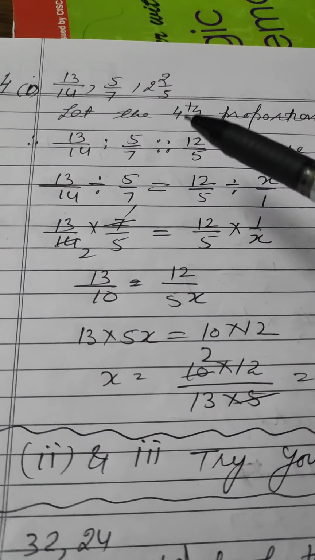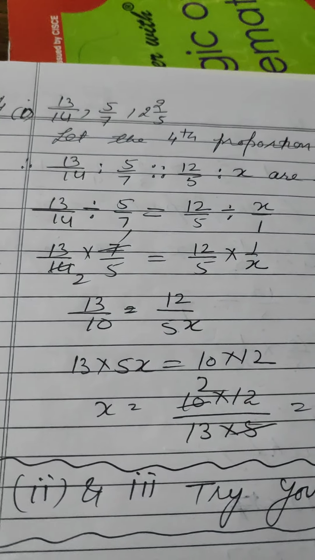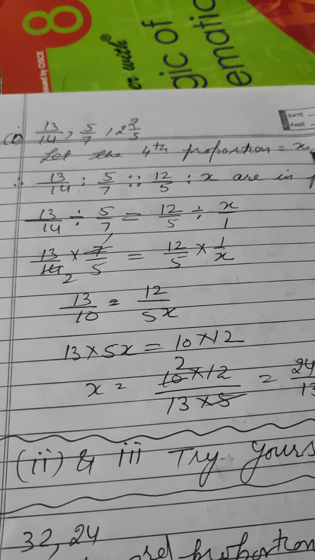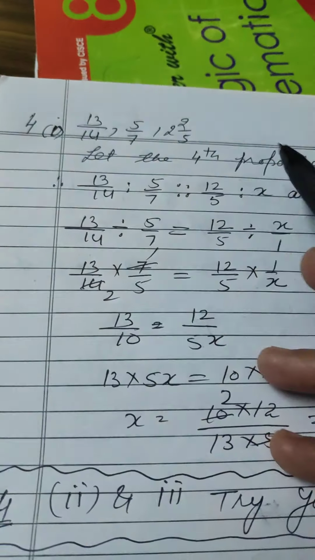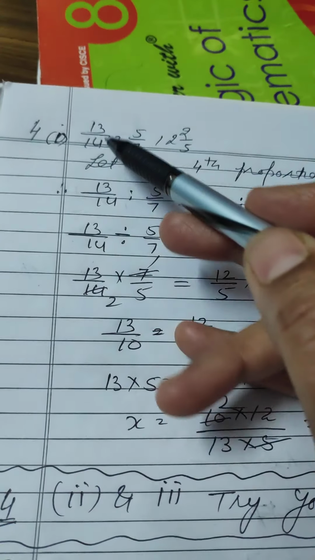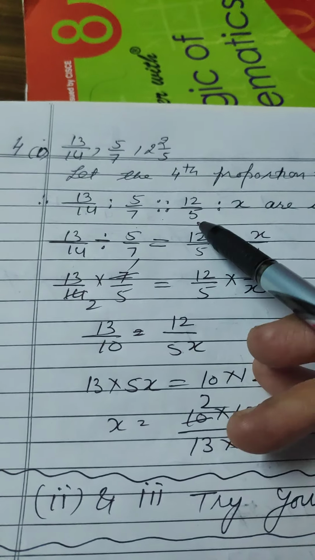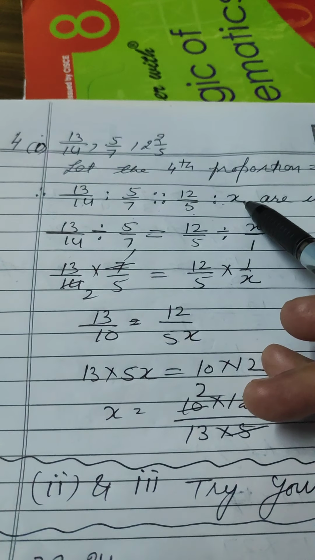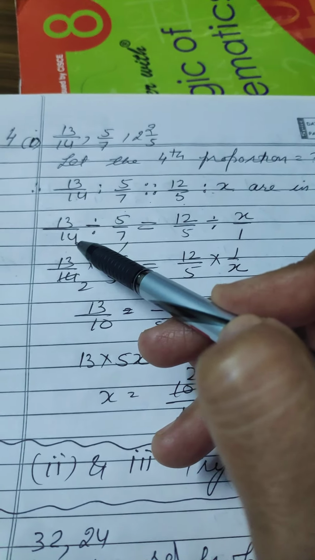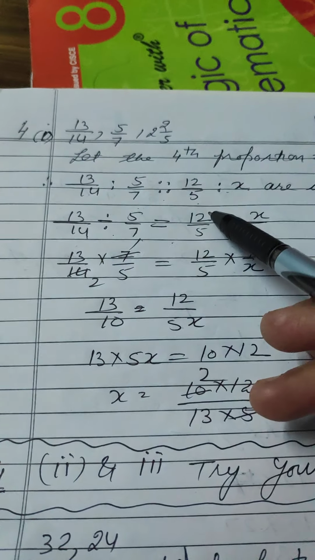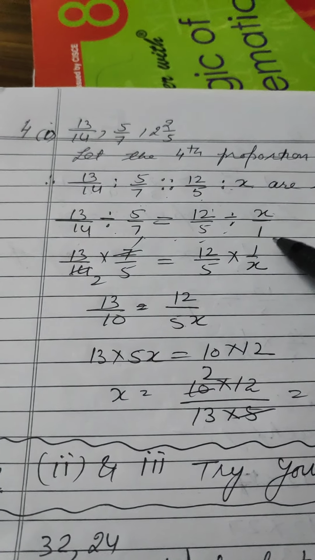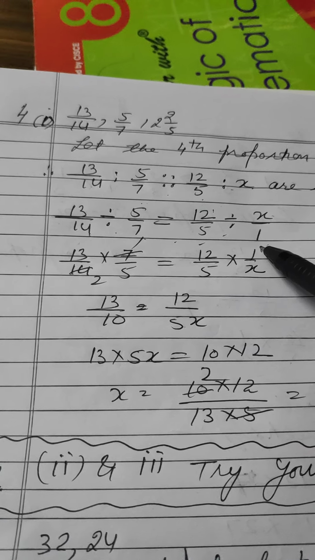Beta, fourth sum is again the same way. 3 terms are given and again we have to find out the fourth term. So let fourth proportion be x. So first ratio second is equal to third ratio fourth. Again 13 by 14 divided by 5 by 7 is equal to 12 by 5 divided by x by 1.